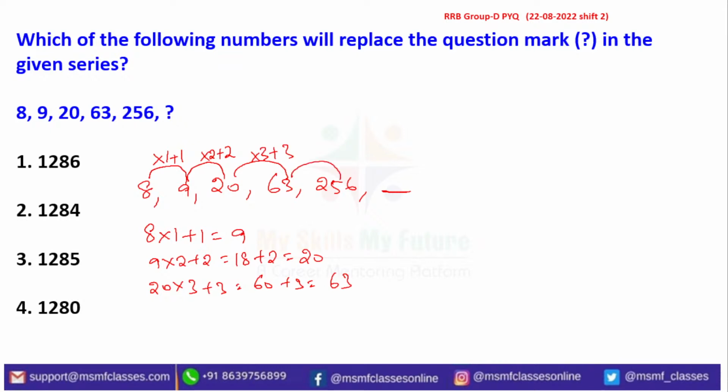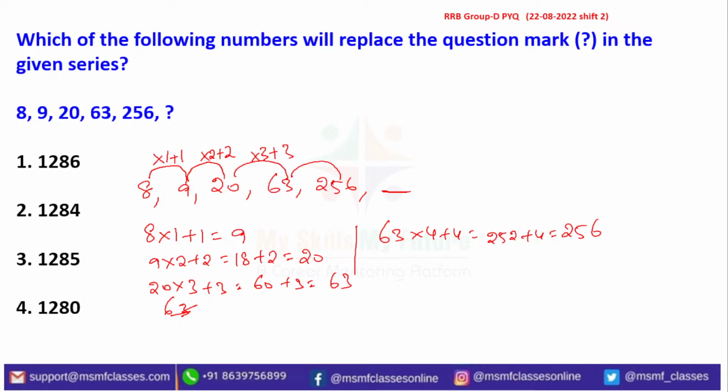So here 63 into 4 plus 4: 63 into 4 is 252, plus 4, we get 256.